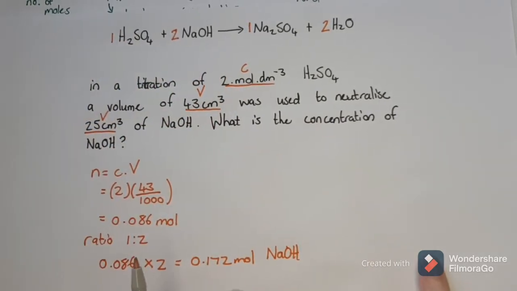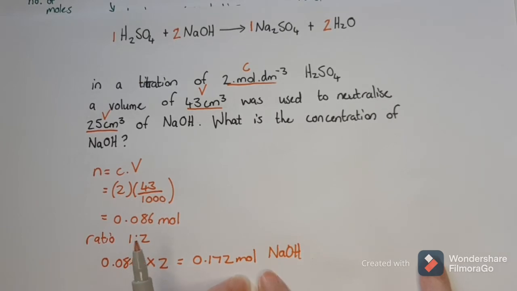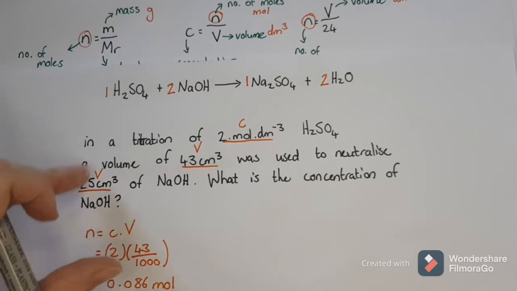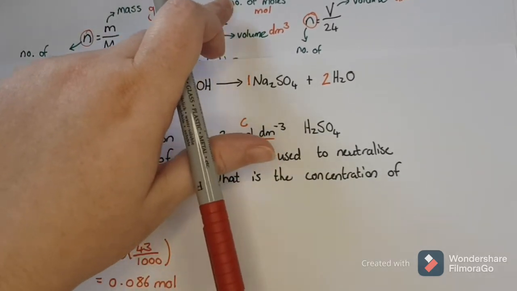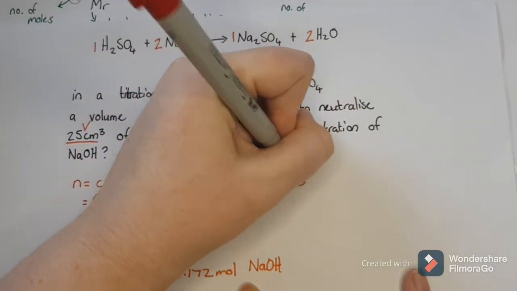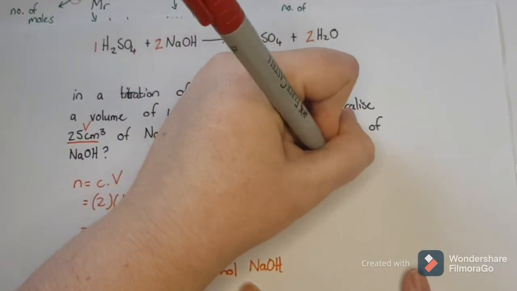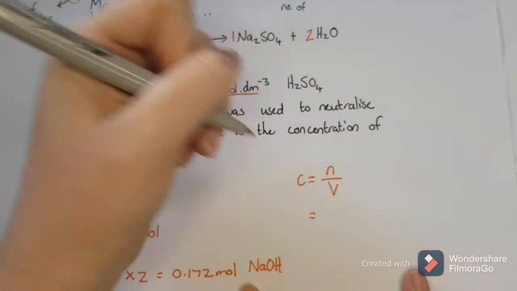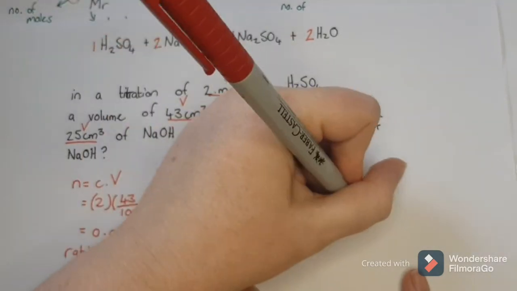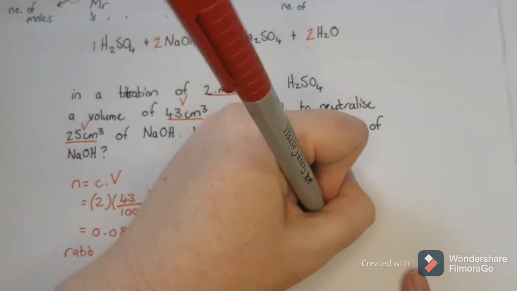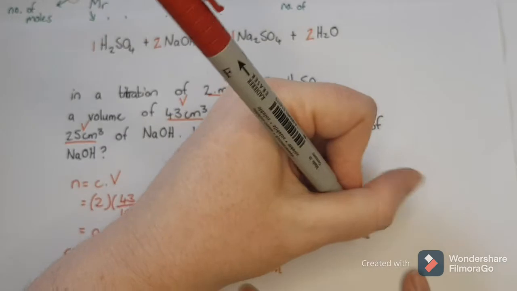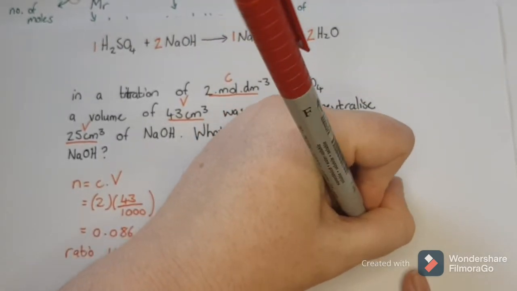So now I have the number of moles of the sodium hydroxide and I was given the volume. So now I can use my equation because I have C equals N over V. So the concentration is going to be the number of moles over the volume, and the number of moles is 0.172, and the volume was 25 centimeters cubed, which must be converted to decimeters. So I divide by 1,000.